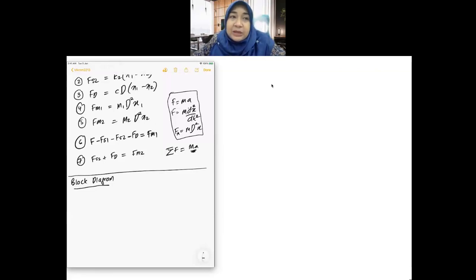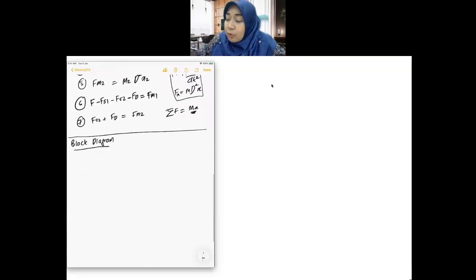I repeat, you always start with the input, and then draw your block diagram using all the mathematical equations that you have until you find the output you decided on just now. In this case, you start with Ft and draw until you find your output, which is X2.